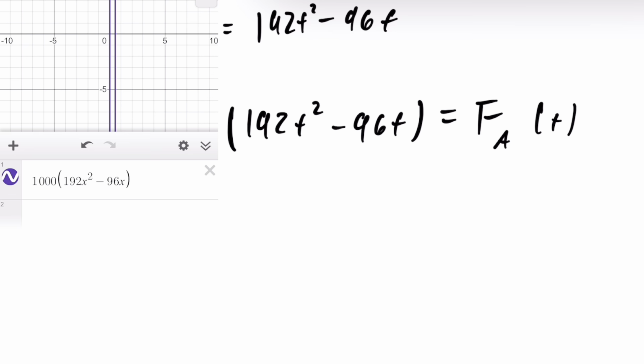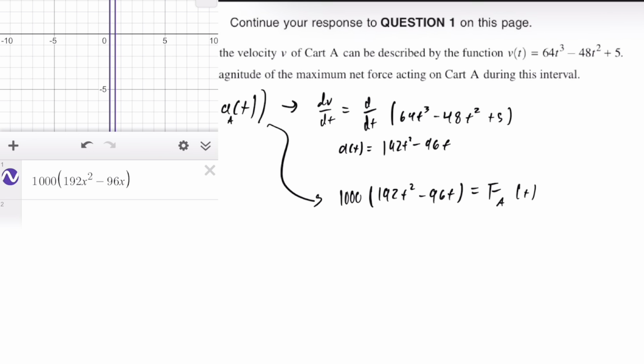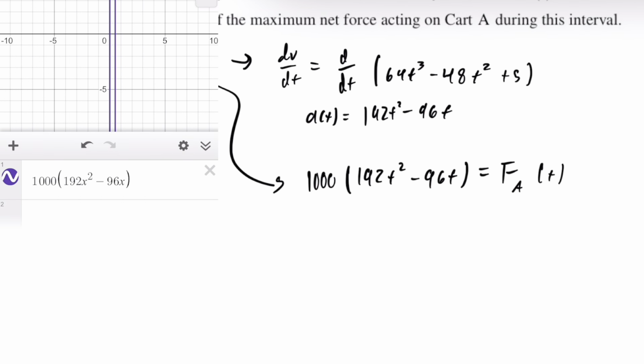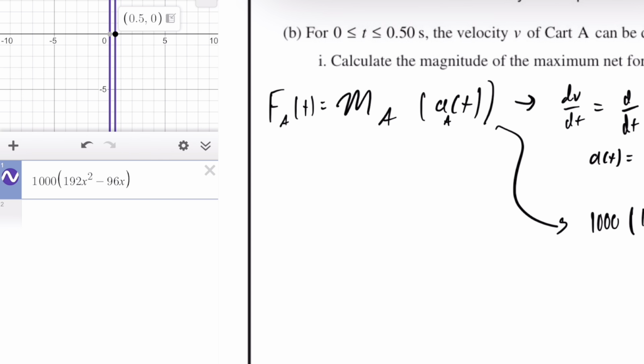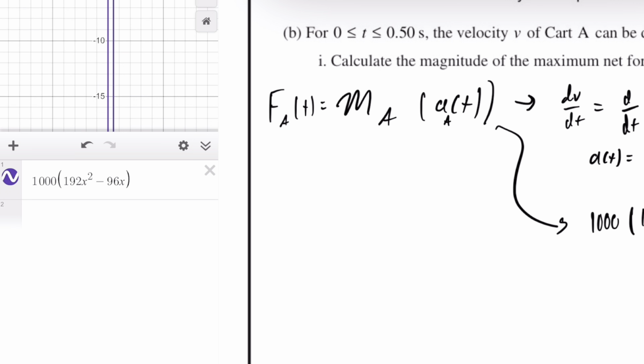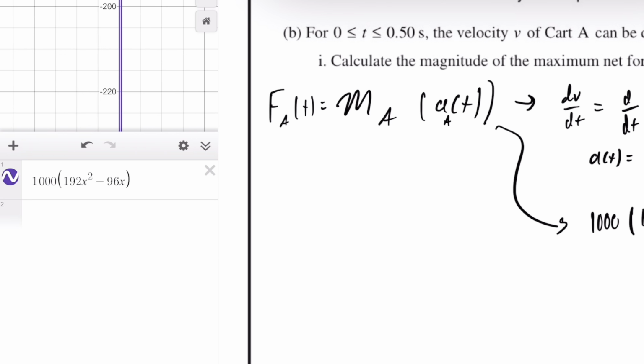So I'll go back to home. I think that's the function. So the maximum net force acting on cart A from 0 to 0.5 is all the way down here. It's a really negative number.